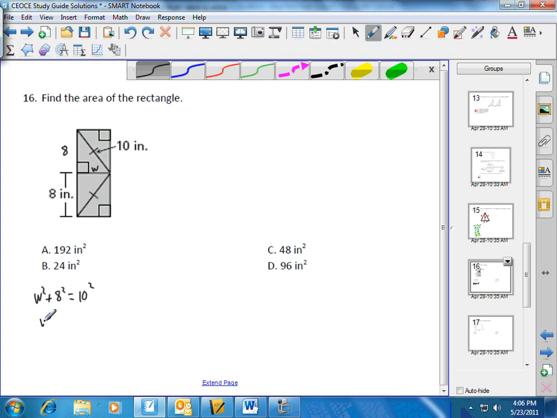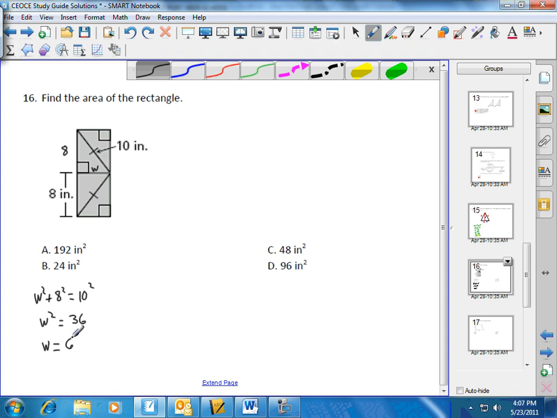So w squared is going to equal 100 minus 64, which is 36, and w is going to be the square root of 36, which is 6. 8 squared is 64, 10 squared is 100. To get w by itself, I subtracted 64 from 100. That gave me w squared is 36. So w has to equal the square root of 36, which is 6.